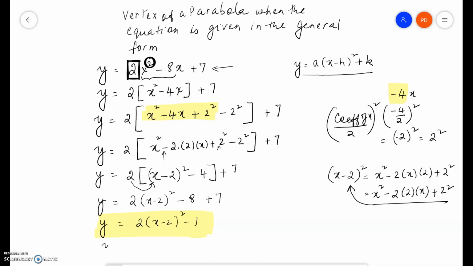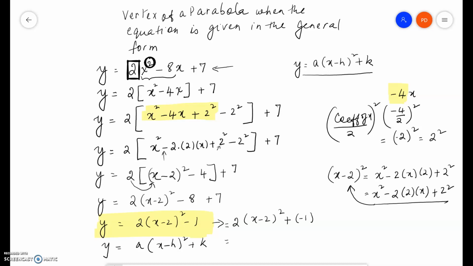Now we compare this with y equals a times (x minus h) the whole squared plus k. So we can write this as 2 times (x minus 2) the whole squared plus negative 1.